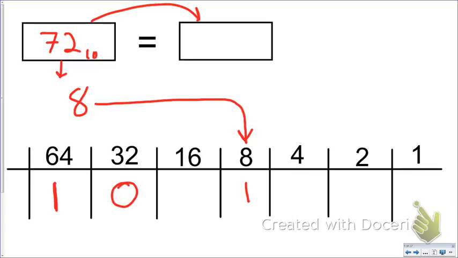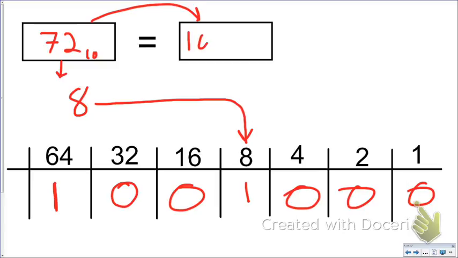So, one group of 64, no groups of 32, no groups of 16, one group of 8, no groups of 4s, no groups of 2s, and no groups of 1s. So here we go: 1 0 0 1 0 0 0. I just ran out of room, but that's okay. Base 2 is the same as 72 base 10.